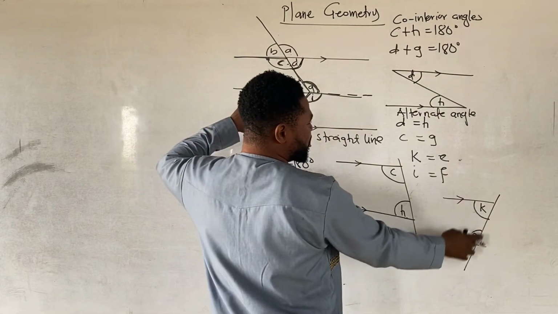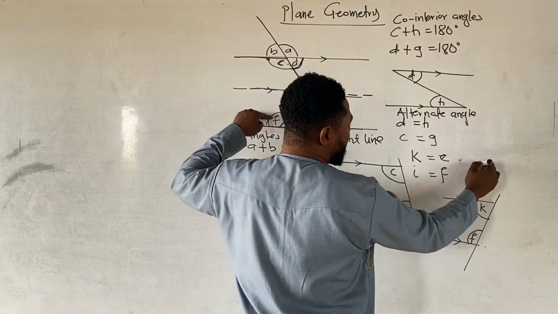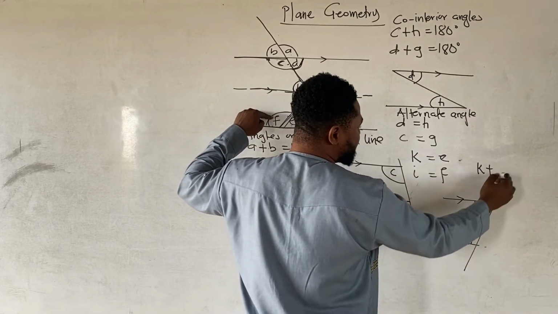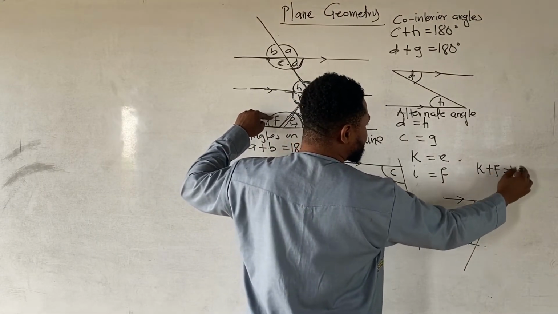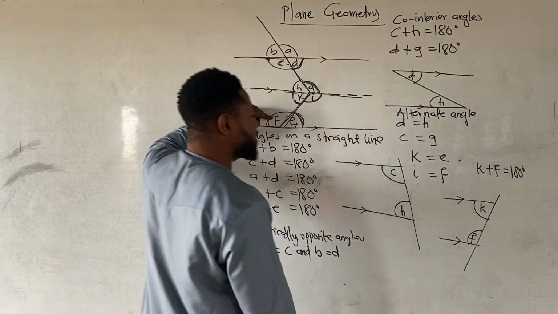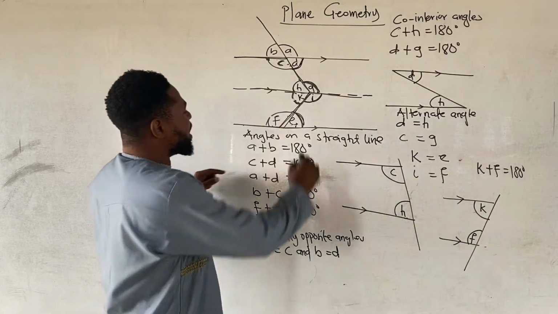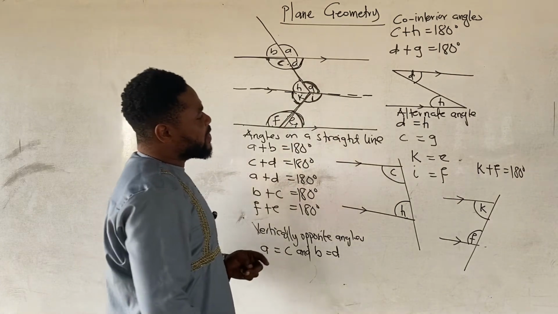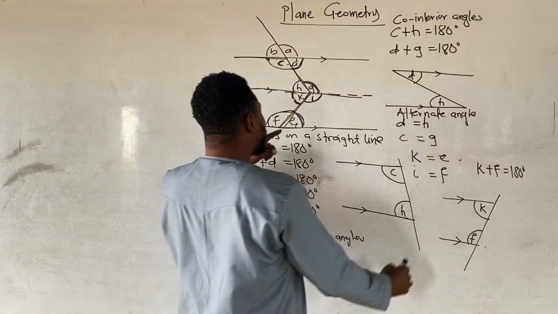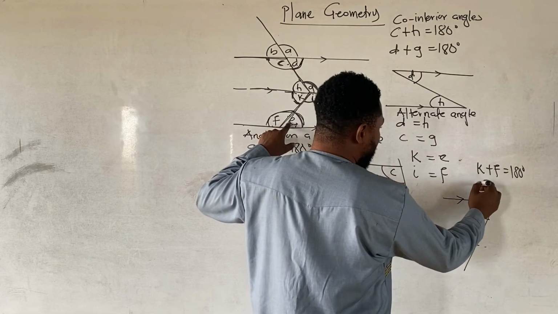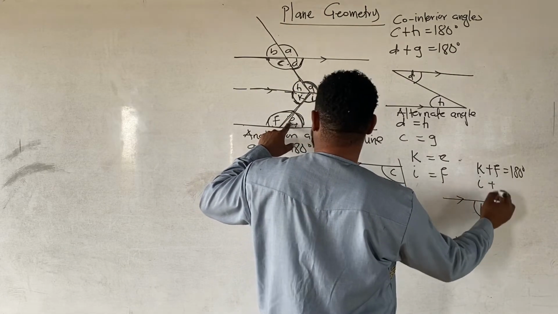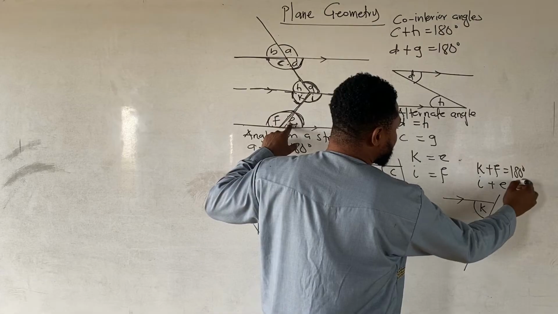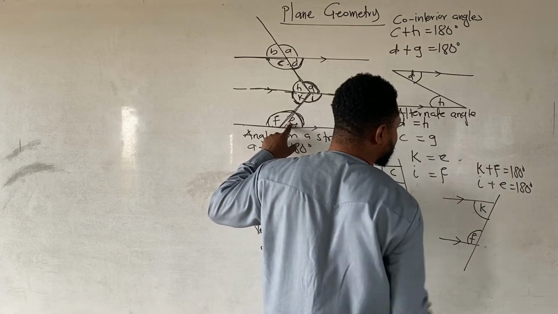So here too, we can say that our K plus F should give us 180 degrees, which we can also say that when we sum two co-interior angles, they must give us what? 180. The same as angle I plus angle E should give us 180 degrees.